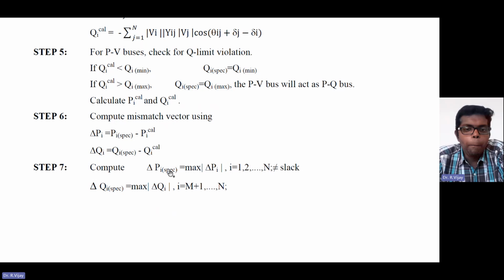We need to compute del P specified value, which is equal to the maximum of del PI, for i equal to 1 to n except for the slack bus. Next, we need to calculate del Q specified value, which is equal to the maximum of del QI, for i equal to m plus 1 up to n. So this thing you need to calculate. This is common for the Newton-Raphson method also.